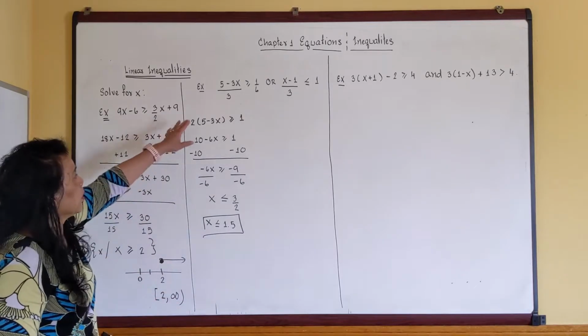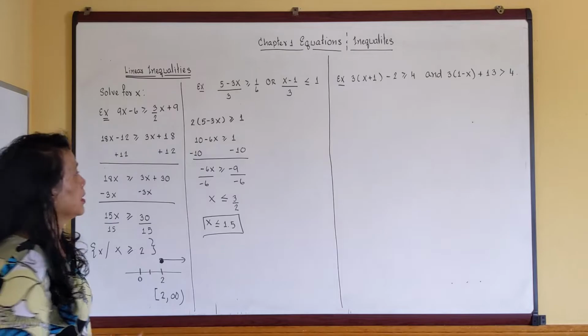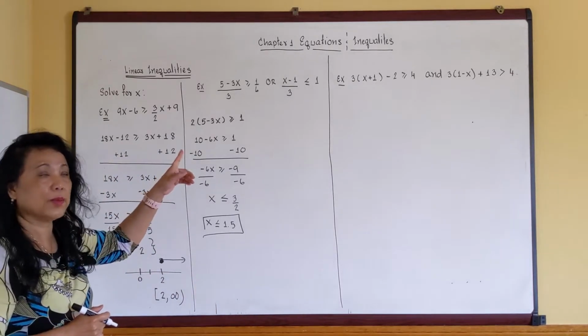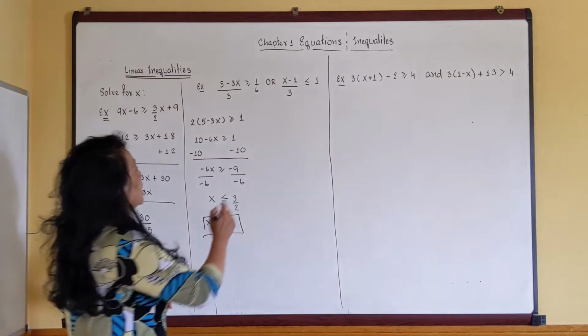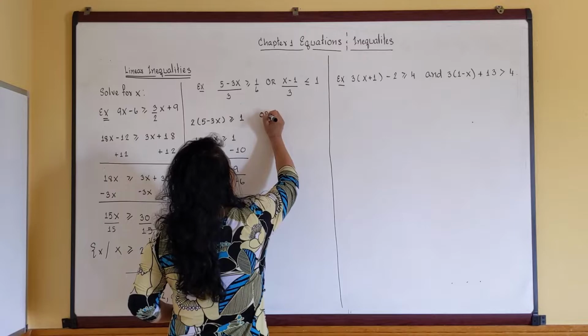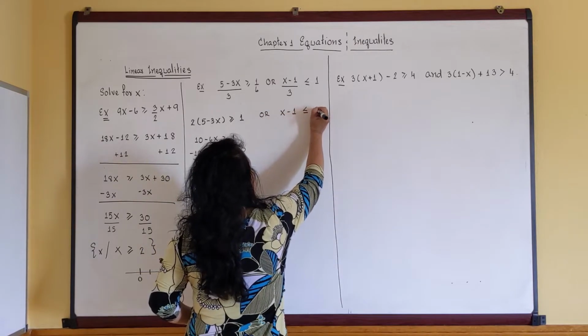This is the inequality before the or. And I have to do the same to the other side. So I would get rid of the denominator. I would multiply by 3. Multiply by 3, this 3 will be cancelled. So I would have x minus 1 less than or equal to 1.